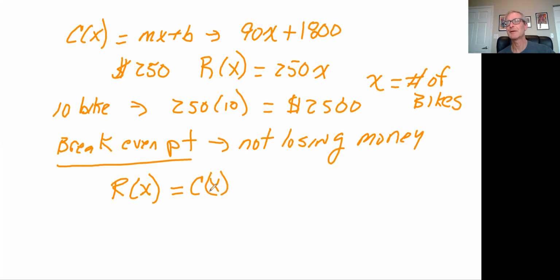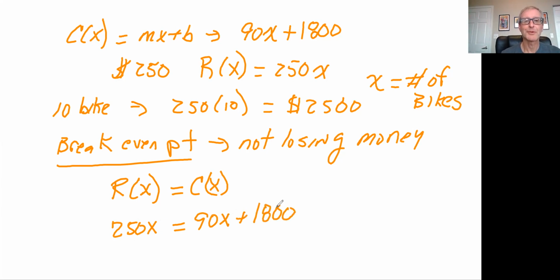So what is the break-even point for this particular business? Well, our revenue is 250x and our cost is 90x plus 1800. If you bring the 90 to the other side, 250 minus 90, that would be 160x equals 1800.